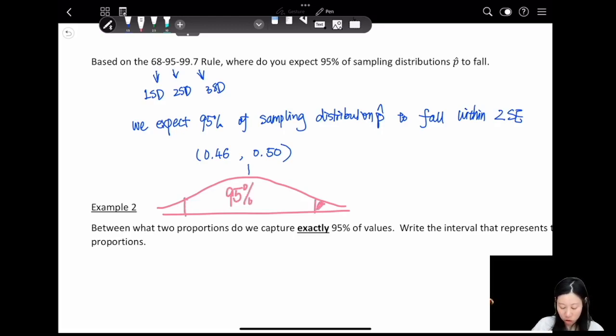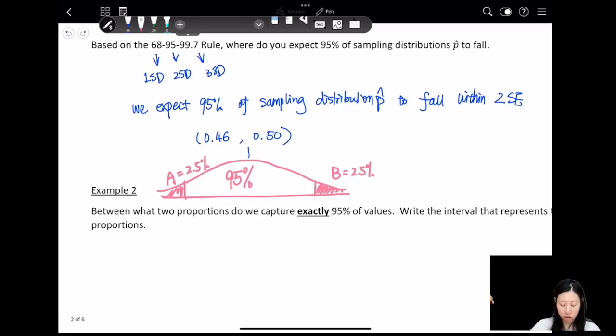So that means the two tails are going to be how many percent? The total area should be 100%, so you subtract 95%. The left part A and the right part B should sum to 5%. Since they're symmetric, they should be equal. So this should be 2.5% and part A should also be 2.5%.